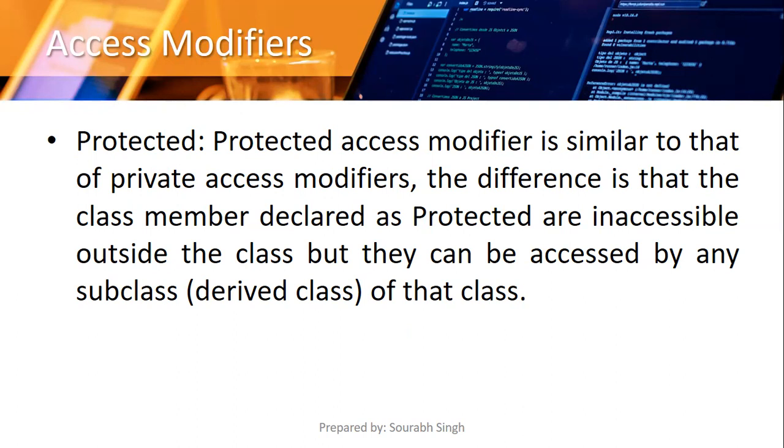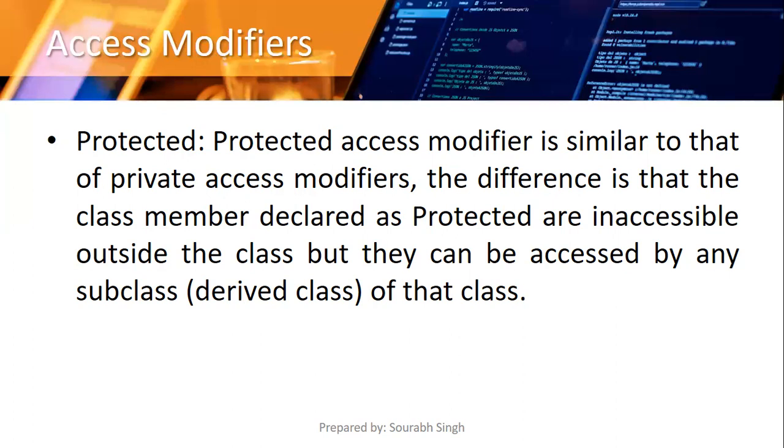Private data members cannot be accessed outside the class, and protected members are the same, they cannot be accessed outside the class, but they can be accessed by any subclass, a derived class of that class.